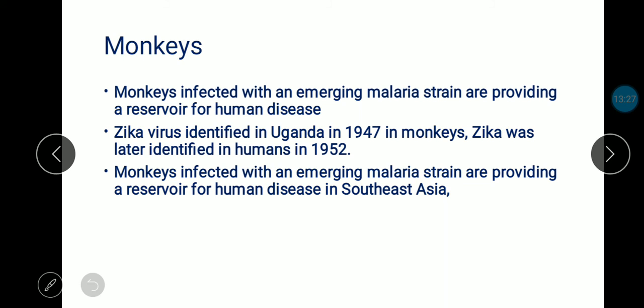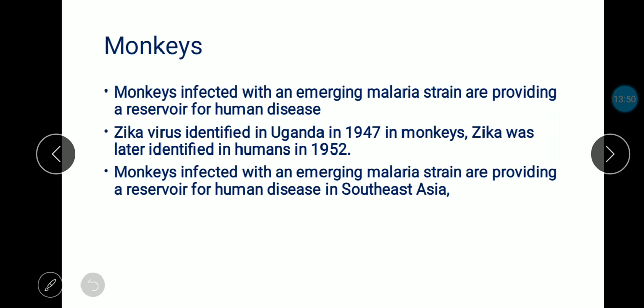Then the next one is monkeys. Monkeys infected with an emerging malaria strain are providing a reservoir for human disease. The malarial parasite is found in monkey's blood and it became a reservoir.